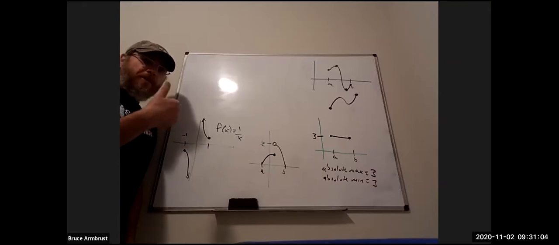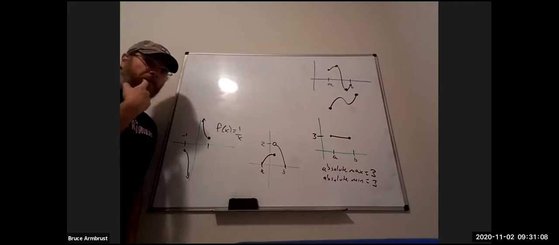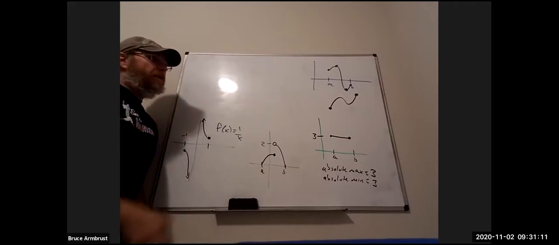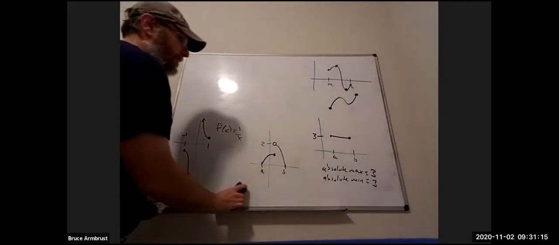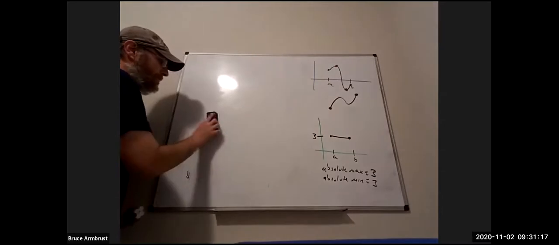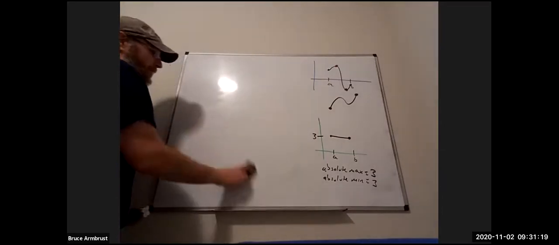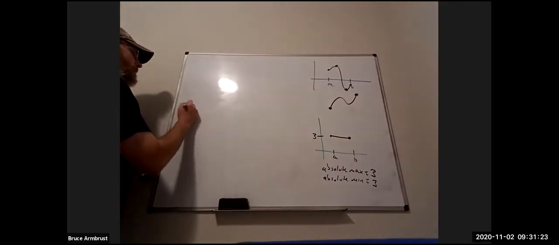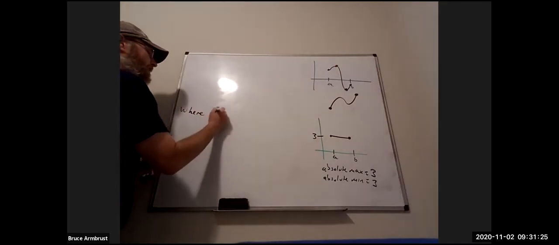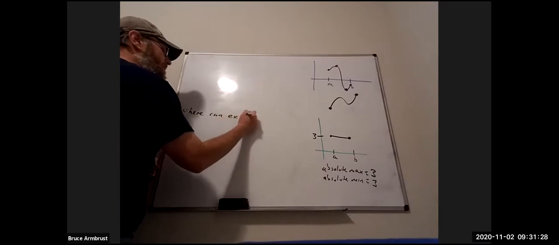Once we know they're there, the next question is, how do we find them? Turns out that they're not that hard to find because there are only certain places where they can occur. All right, so I'm just going to put here, where can extrema occur?